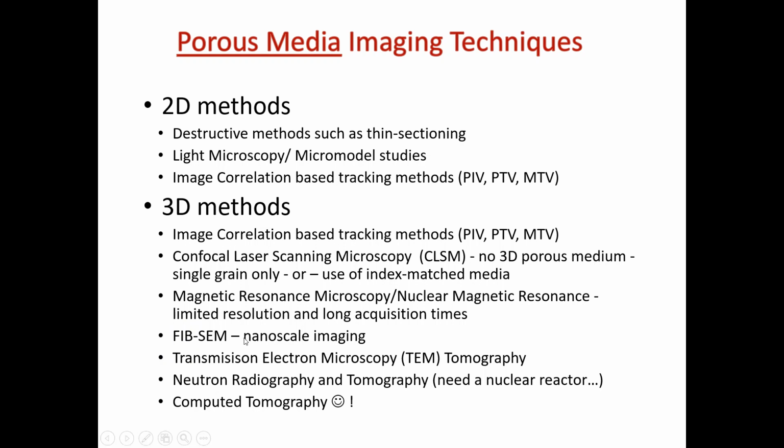Then we have transmission, and apparently I don't know how to spell transmission. After using these slides for so many years, this is the first time I actually noticed it: transmission electron microscopy, TEM. It's also a type of tomography, but you have such a thin layer that your electron beam doesn't scatter as much.